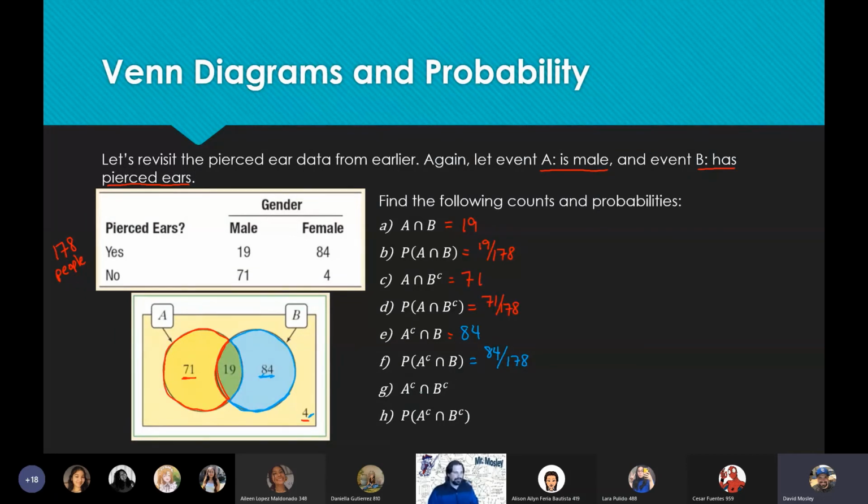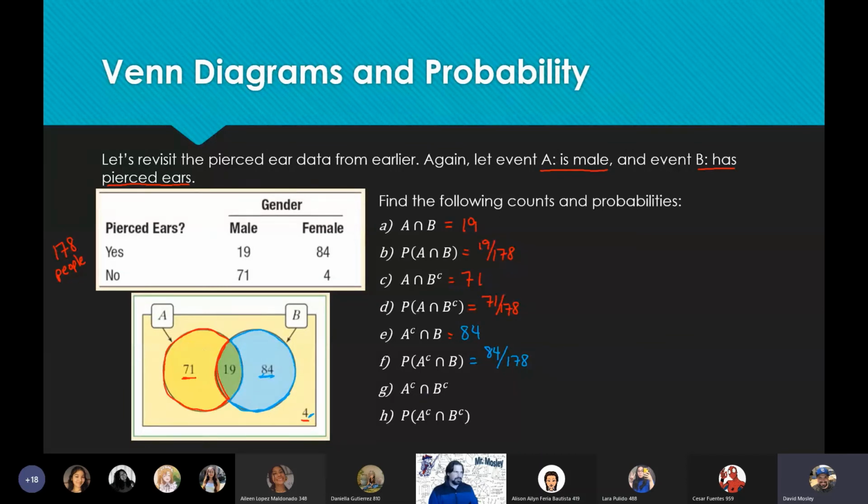So now, lastly, we have A complement and B complement. So I need to consider everything not in A, which is the 84 and the 4, and everything not in B, which is the 71 and the 4. And I need to only look at the things that are in both. What is not in A and not in B?